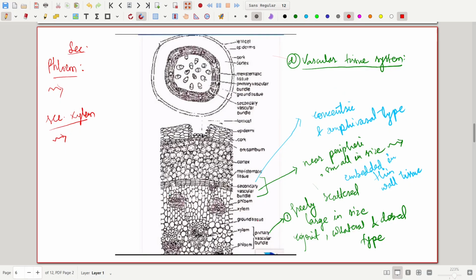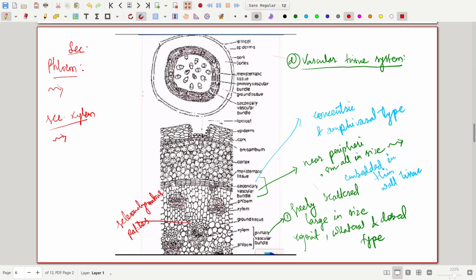Here you can see that the primary vascular bundle has sclerenchymatous patches covering it, and these primary vascular bundles are freely scattered in the ground tissue.